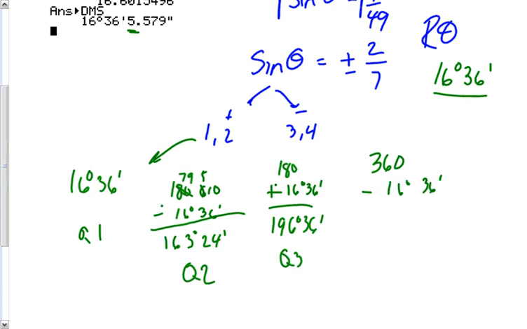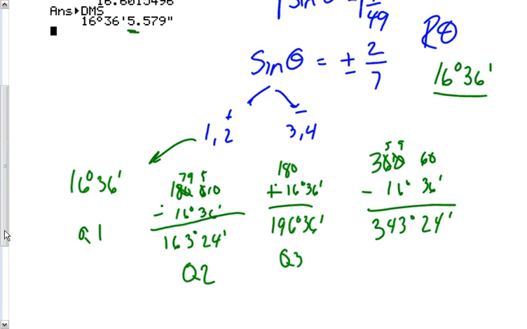It's very similar to the one over here. Borrow the 60 again. There's the 5 and the 9 I need, because it was 10. Get that 24, and then 343 degrees and 24 minutes.